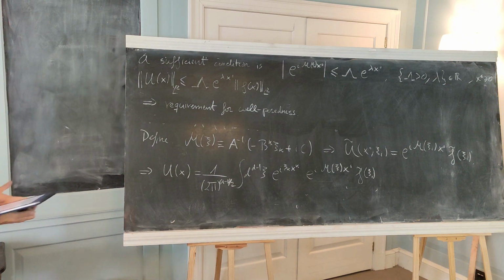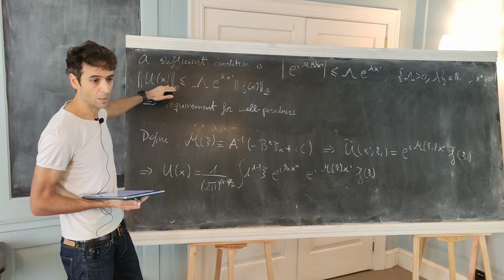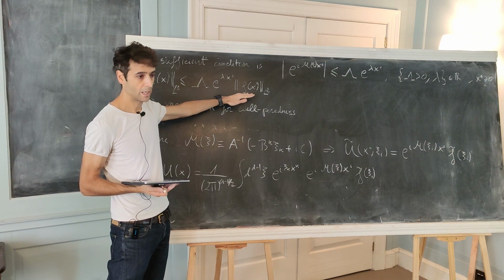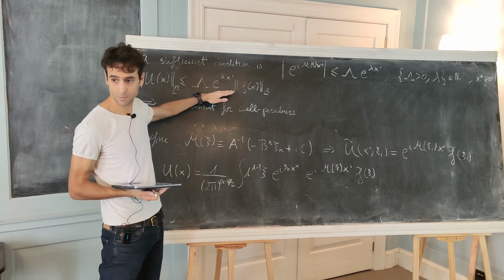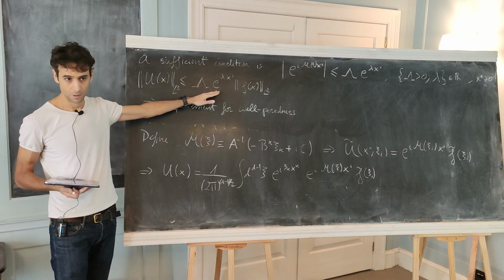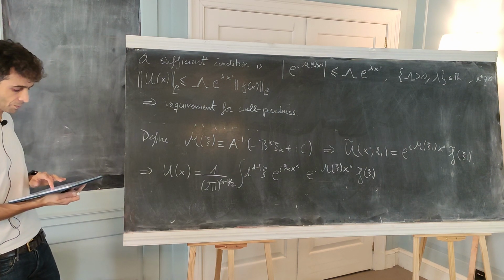So this tells us that at all late times, we can bound the solution from the initial data. And at any time, the solution cannot grow faster than exponential. That's a requirement of well-posedness.